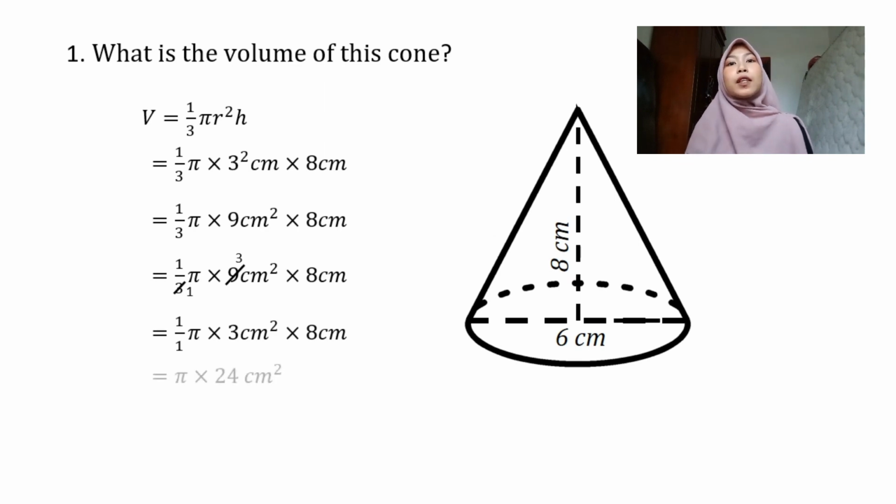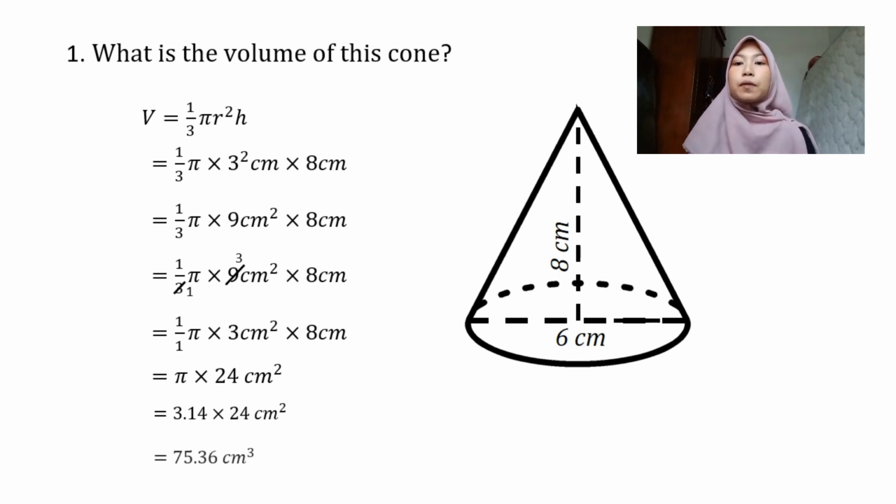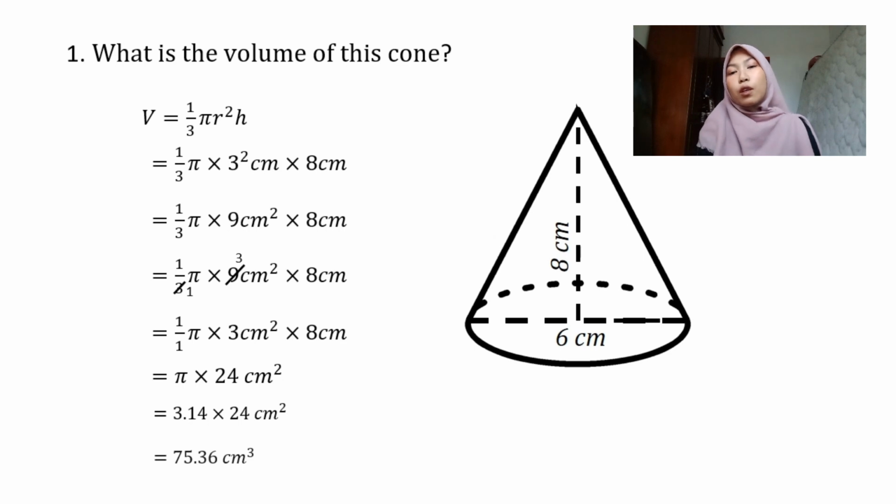Pi is approximately equal to 3.14. So then we get 1 times 3.14 times 3 centimeters squared times 8 centimeters, which simplifies to 75.36 cubic centimeters.